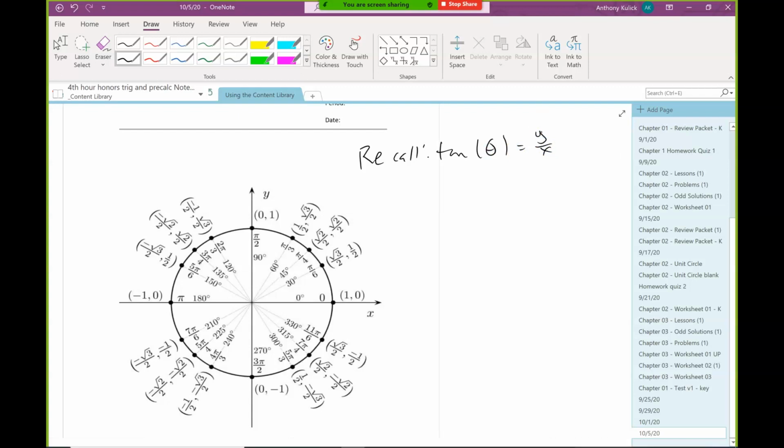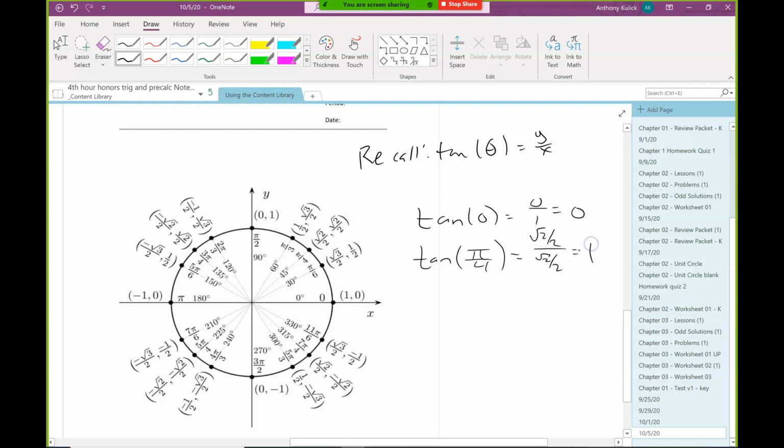Everybody's okay with that? Okay. So tangent of 0 is going to equal 0 over 1, or 0. Tangent of 45, or pi over 4, is going to equal root 2 over 2 over root 2 over 2, which is 1.